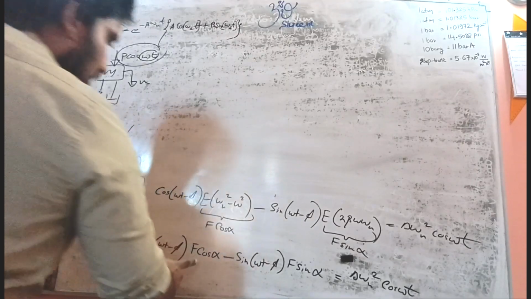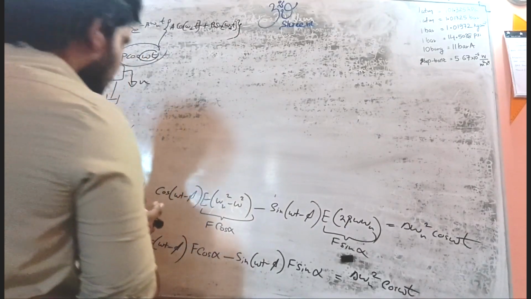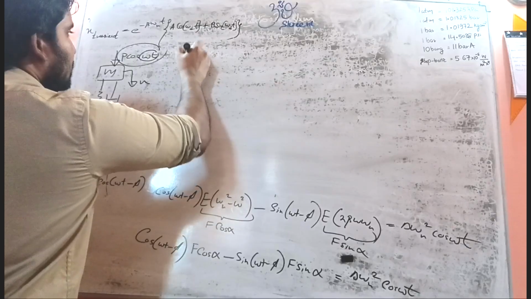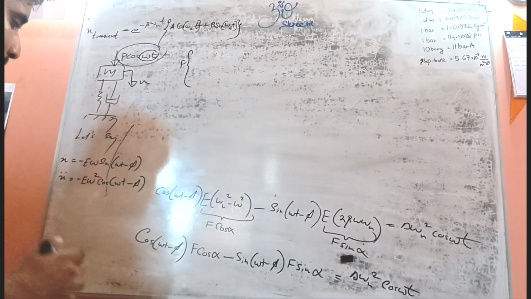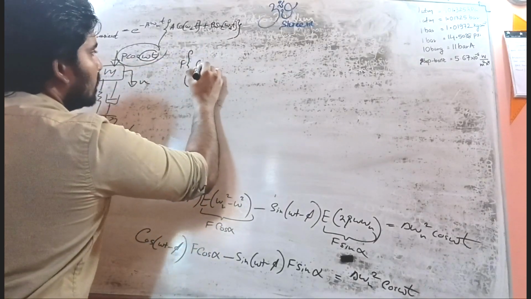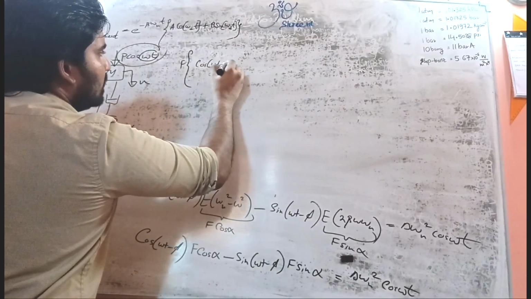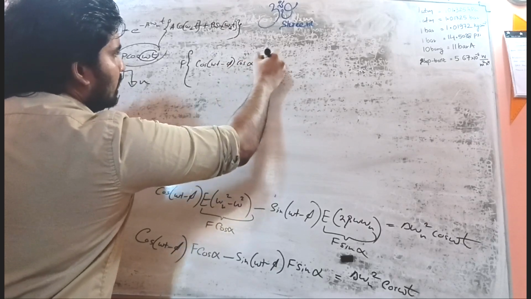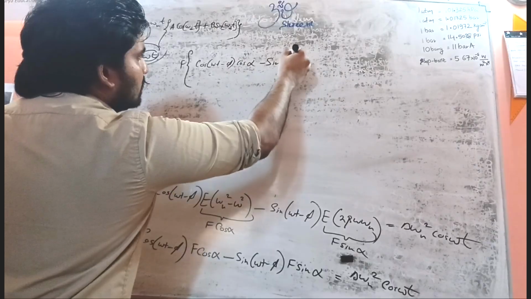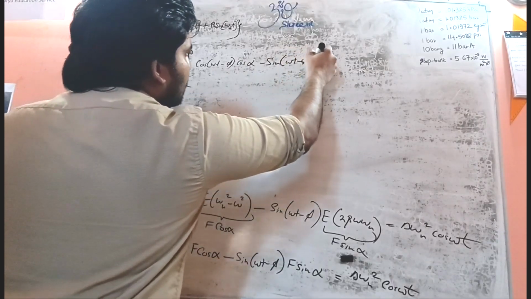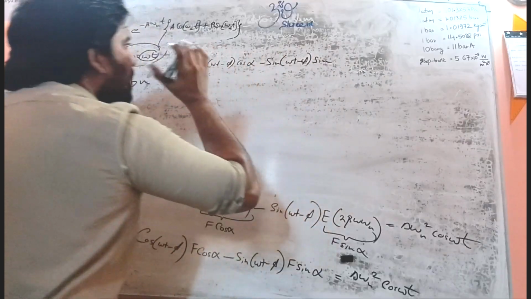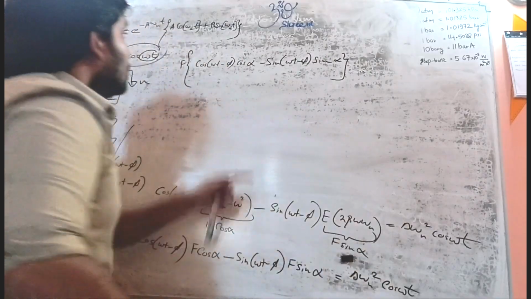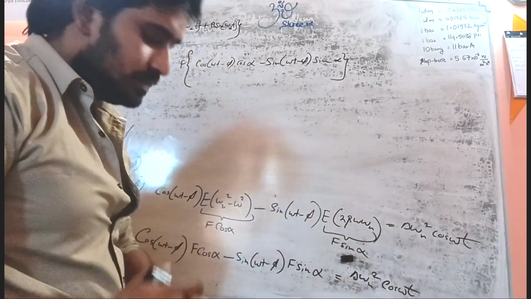From here we can take this f out as a factor, put large brackets: cos omega t minus alpha cos alpha minus sin omega t minus alpha sin alpha.